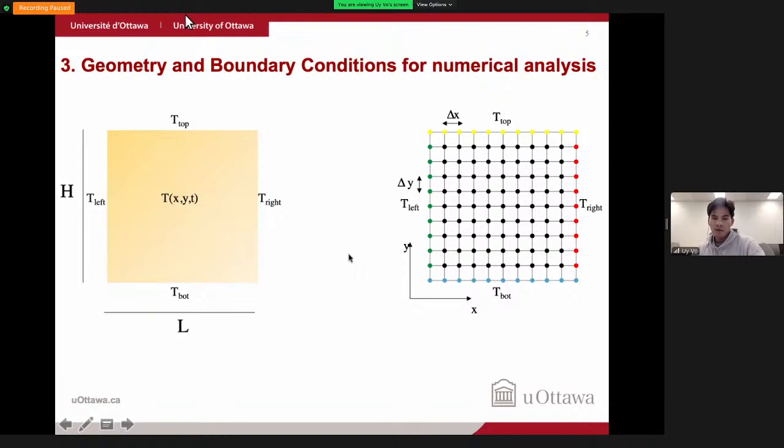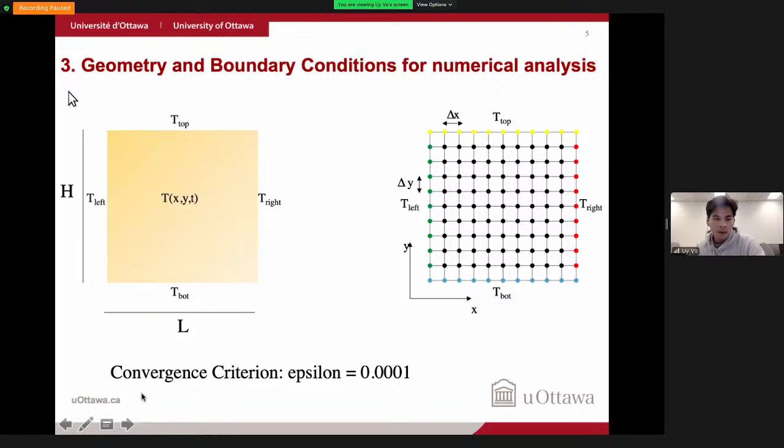And in the right hand side, you can see that for the simulation, we should divide the domain into several nodes, so that we can use our implicit method to calculate the temperature distribution within the domain.